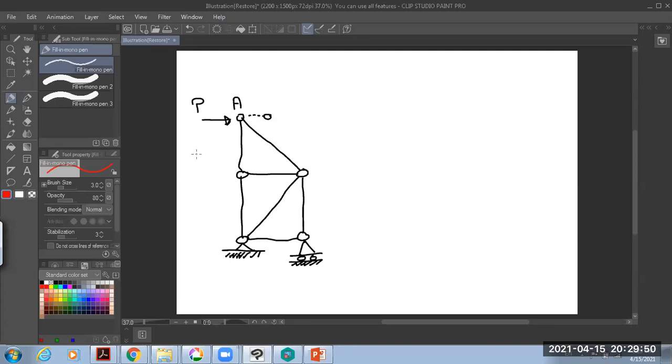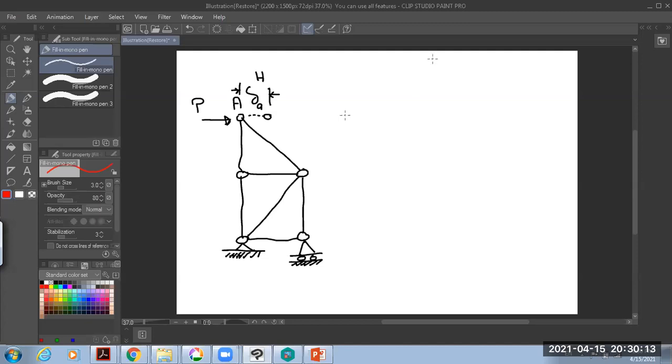Could be. That means we call it horizontal deflection. Yes or no? Agreed, guys? This could be deflected horizontally or not.